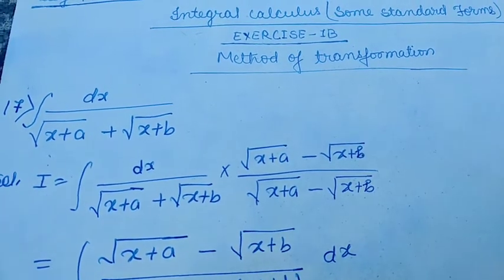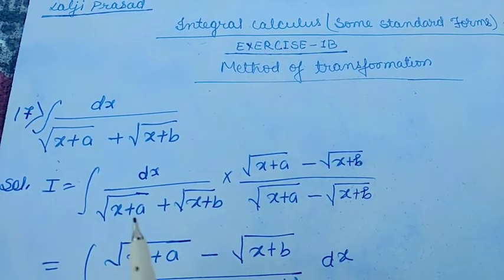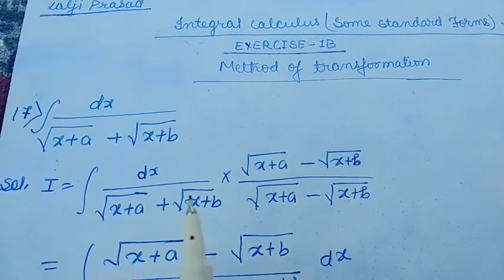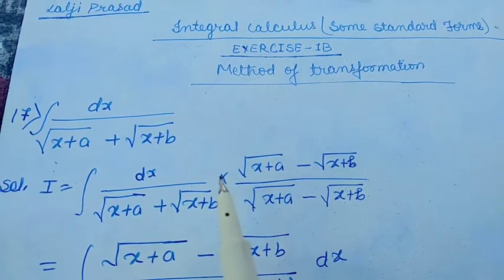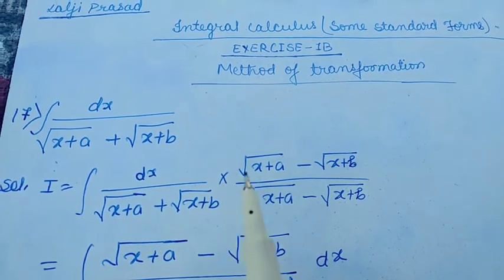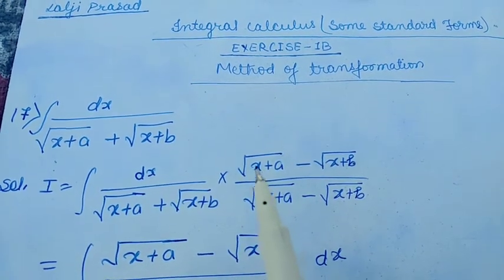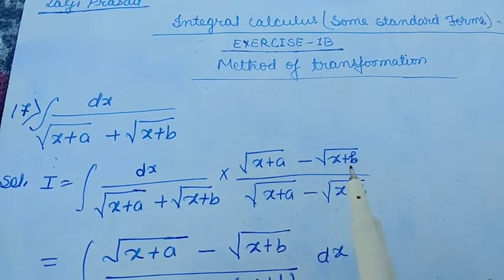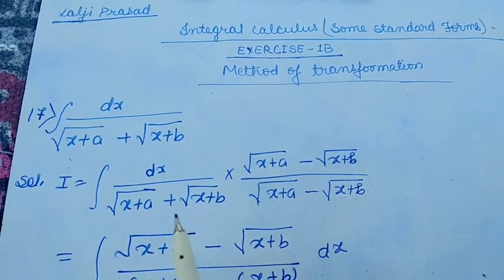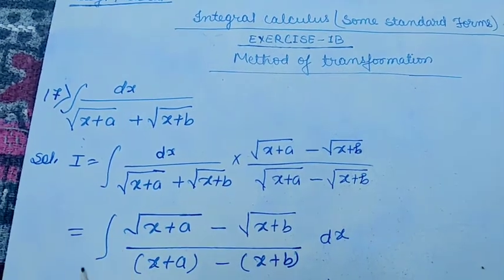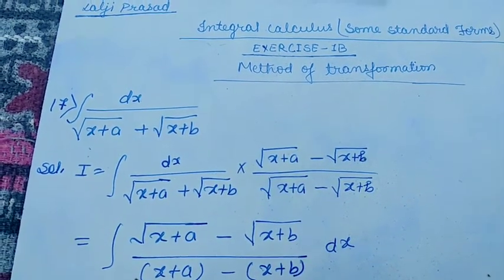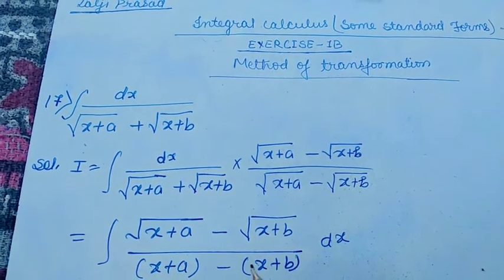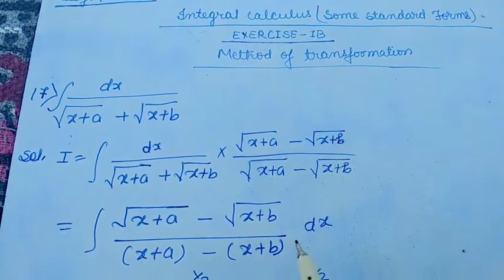So we have to again rationalize the denominator, and for rationalizing the denominator we have to multiply both numerator and denominator by this term, which is square root of (x plus a) minus square root of (x plus b). So in the next step you can see we have written integration of square root of (x plus a) minus square root of (x plus b) upon (x plus a) minus (x plus b) into dx.